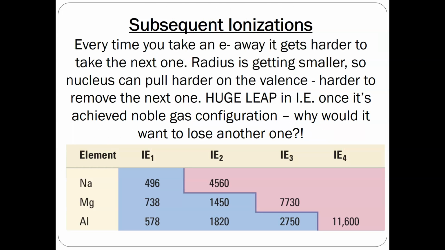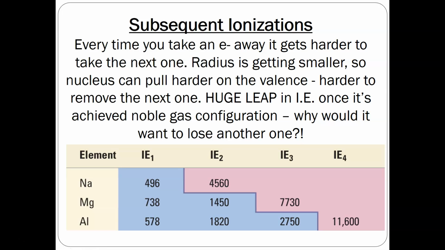One thing to keep in mind is that you can take more than one electron away. So if you look at sodium, our first ionization energy is 496. I have to put in this amount of energy to take an electron away. And then if I want to take a second electron away, it jumps a huge amount. I mean, this is like times 10. You have to pull really hard to get a second electron away.